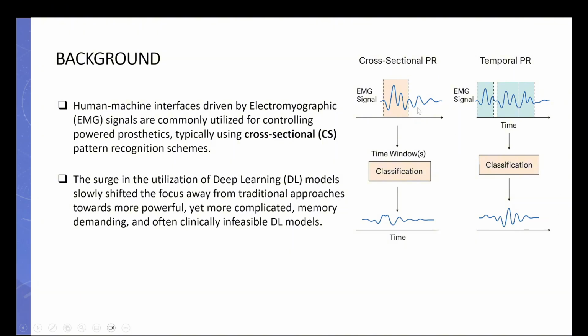You were looking at a small window of the EMG signal, extracting features, passing that to the classifier, making the decision. With some of these models, you tend to review the history or the temporal evolution of the EMG signal, not only the content of one window, but relating that to the previous context, and then generating your features and submitting that to the classification section.